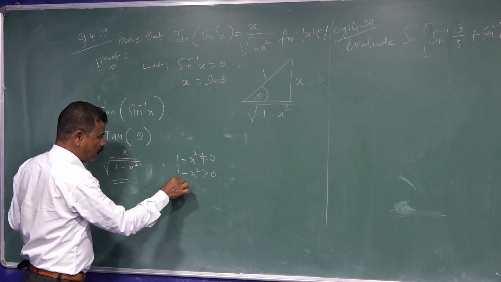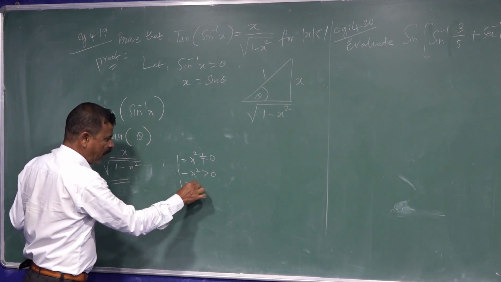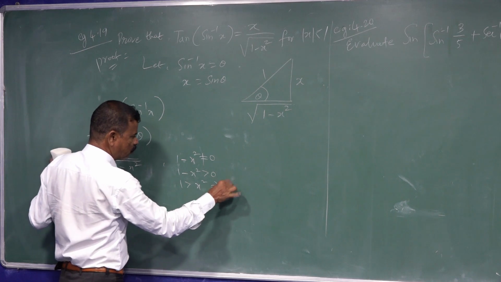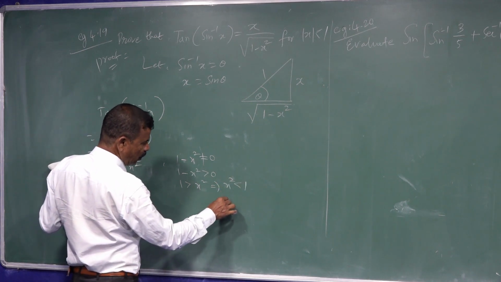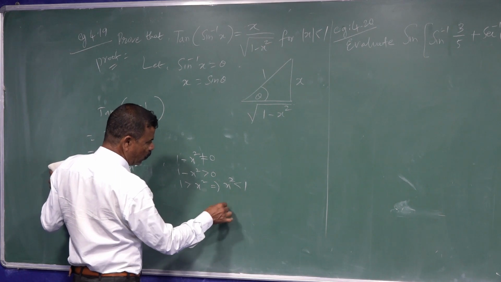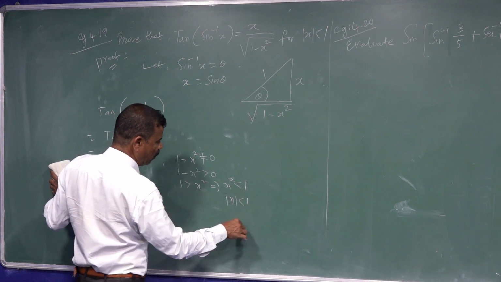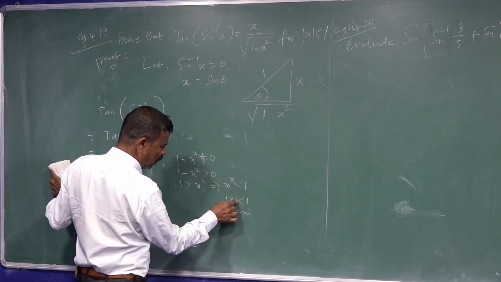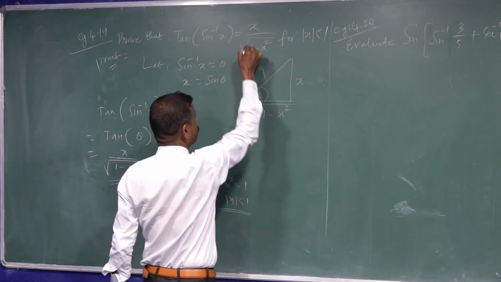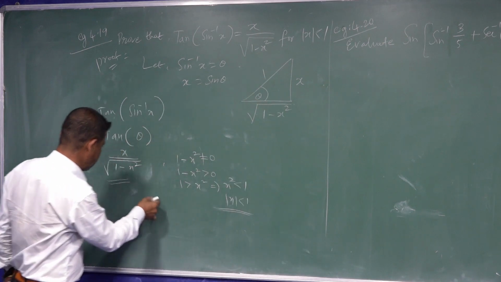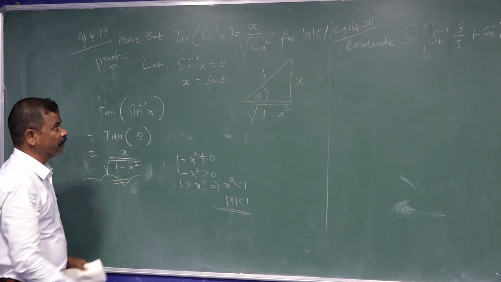So this is 1 greater than x square, otherwise x square less than 1. If we take the root, mod x is less than 1. If the modulus of x is less than 1, then tan of sine inverse x is equal to x by under root of 1 minus x square.